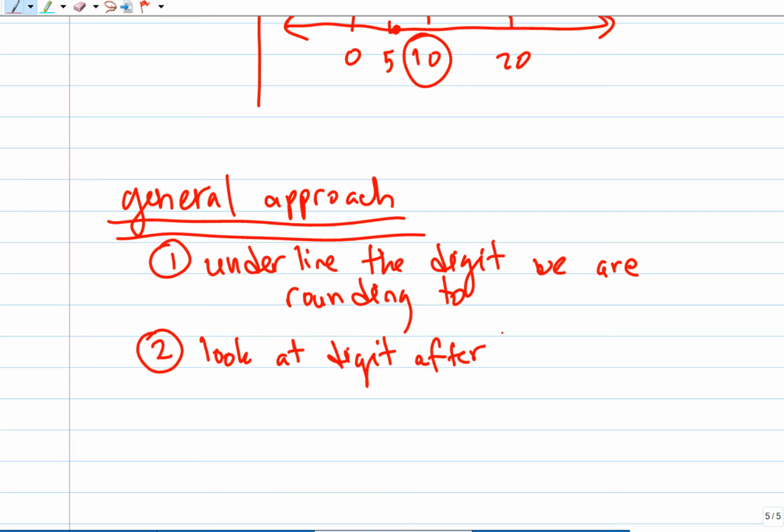If that digit is between 0 and 4, we round off. The number stays the same. Everything after becomes a 0. If the number is between 5 and 9, we round up.